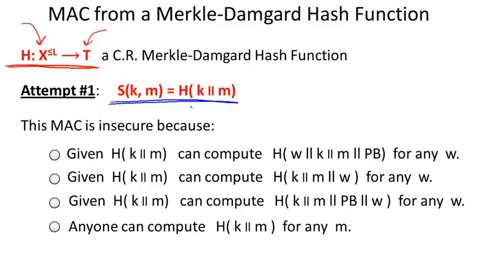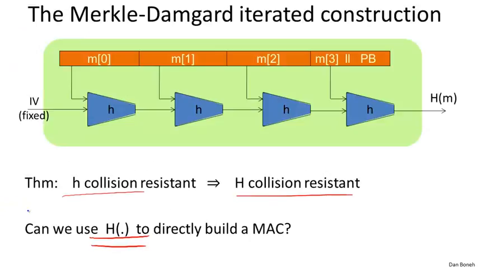It turns out this is completely insecure. Let me ask you why. The answer is the standard extension attack. If you think back to the Merkle-Damgard construction, you realize that if I tell you the tag for a particular message, in other words, I tell you the value at this point, it's very easy for the attacker to just add another block and compute one more application of the compression function h.